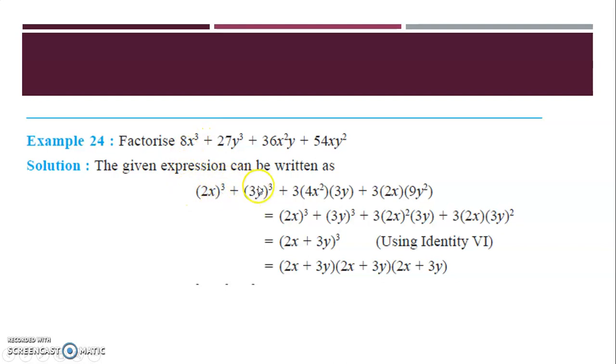If you find two perfect cubes, then check whether the other terms are of the x plus y whole cube or x minus y whole cube identity form. If so, then we can factorize it more easily. If you cannot find two perfect cubes, the correct method is to use what we had seen in the previous section, the remainder theorem and the factor theorem methods.